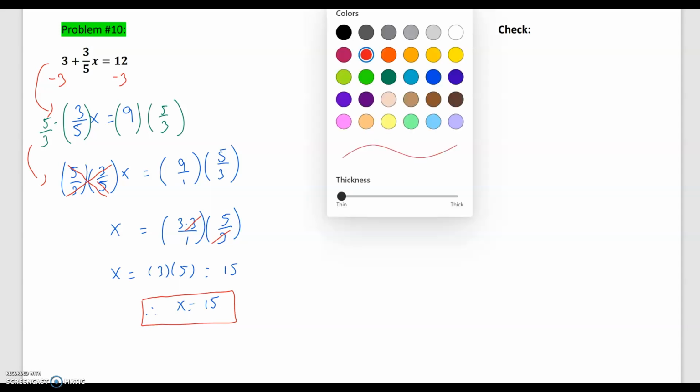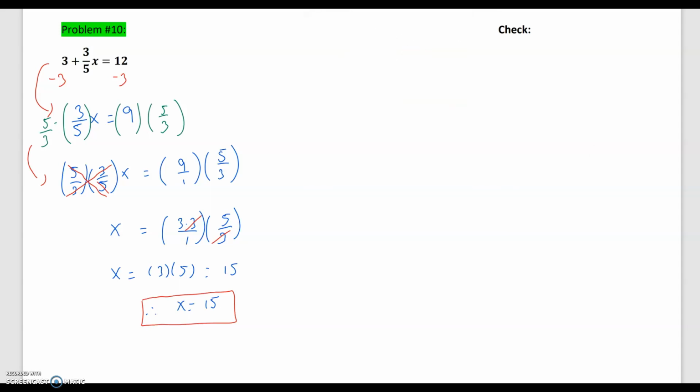Let's do the check. So we're going to be evaluating x is equal to 15, and we're looking at 3 plus 3/5 of x is equal to 12.